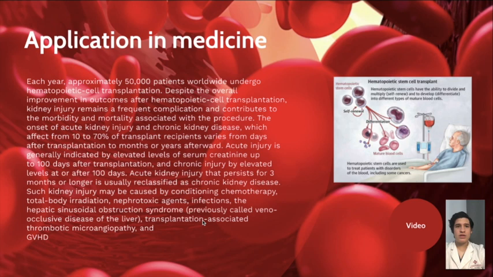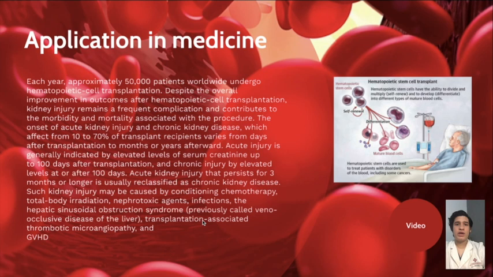Acute injury is generally indicated by elevated levels of serum creatinine up to 100 days after transplantation, and chronic injury by elevated levels at or after 100 days. Acute kidney injury that persists for 3 months or longer is usually reclassified as chronic kidney disease.